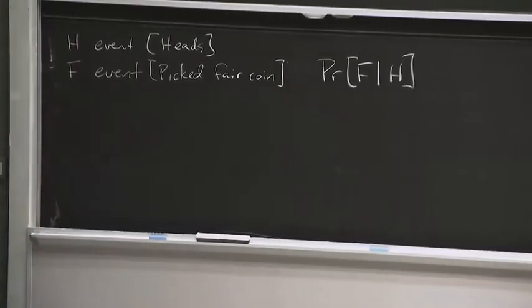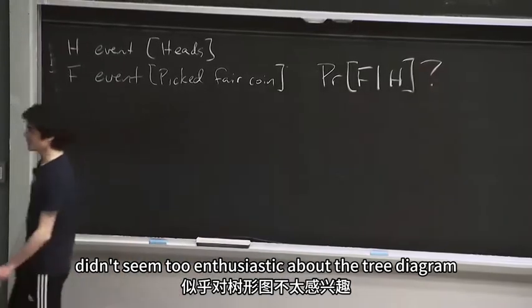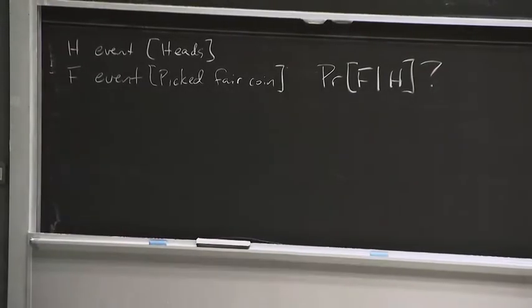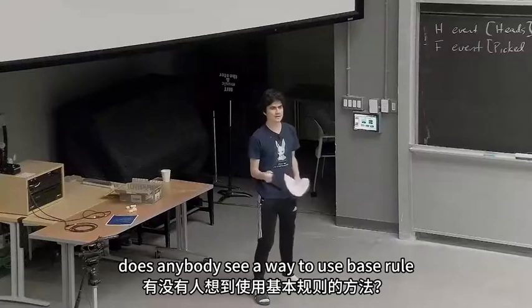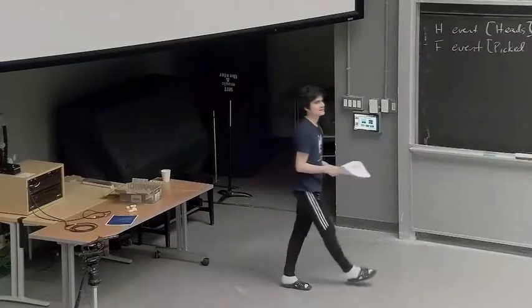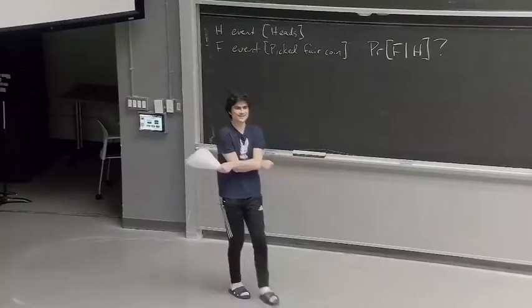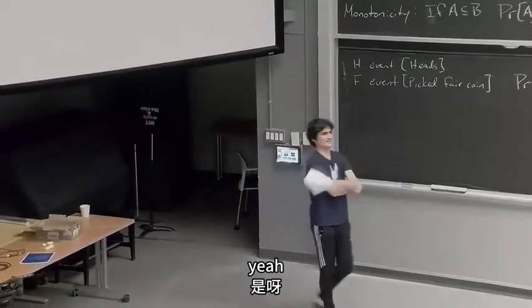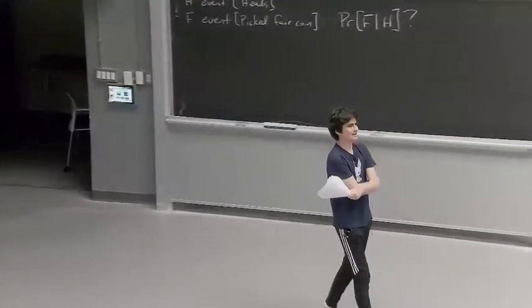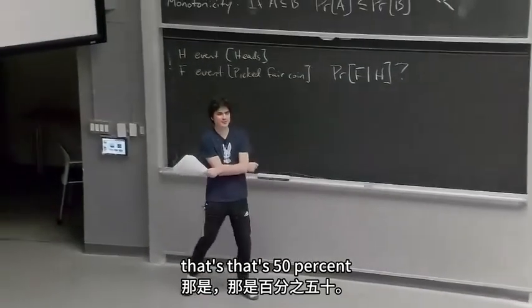Okay. So how might we compute this? People didn't seem too enthusiastic about the tree diagram, so what else could we do instead? Does anybody see a way to use Bayes' rule? Yeah, the probability of H given F is easy. That's 50%.